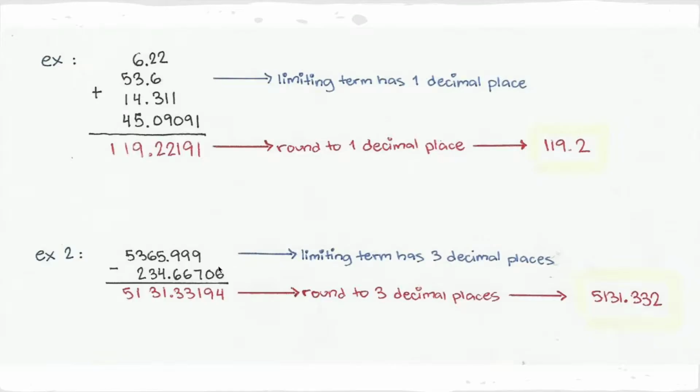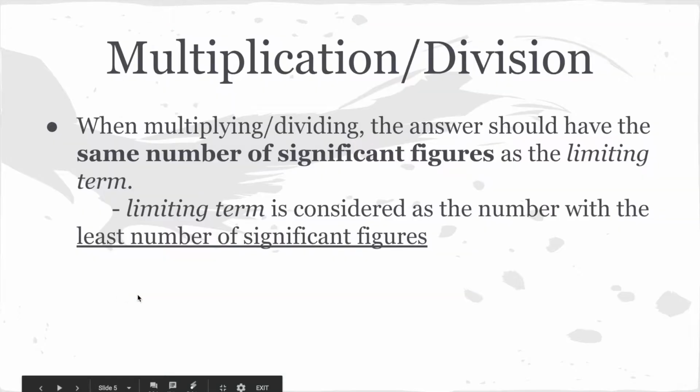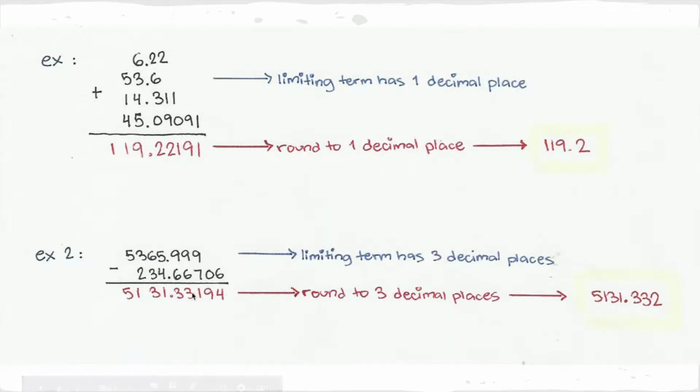Another example here. If you're subtracting, the same thing. The least number of decimal places is 3, so I have to express this up to 3 decimal places. Now, why is that important? If I express it as this number, for example, without rounding, the problem is, for this number, you're only sure up to the 3rd decimal place.